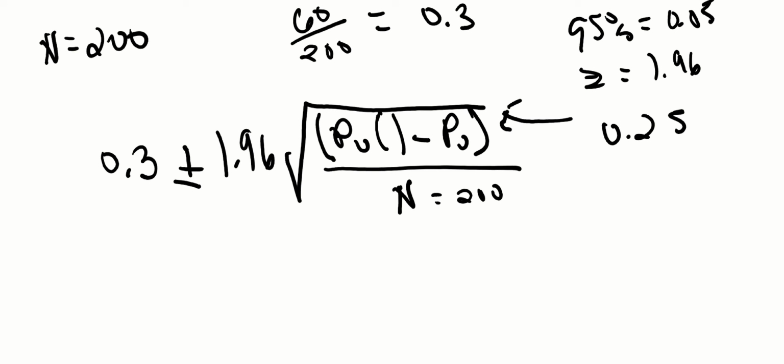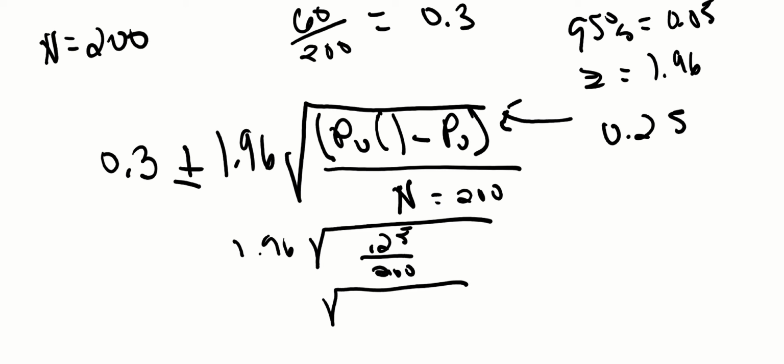So if we plug this into the formula, what we'll get is 1.96 times the square root of 0.25 divided by 200, right? So if we just did everything in the square root, when we divide 0.25 by 200, actually it gives us 0.0125, right?